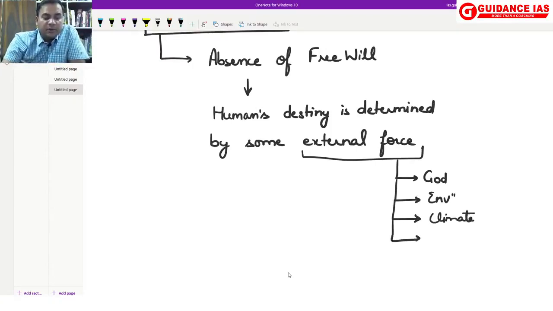This external force can also be, if I talk about the individual, tell me, if I treat myself as an individual, can I say there is a difference between individual and collective? Yes or no?